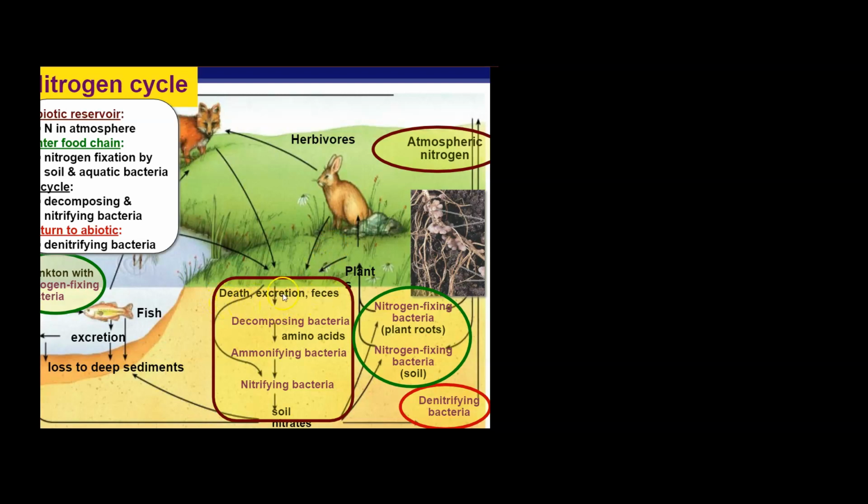So when we have excretion, feces, or a decaying organism, we have a return of nitrogen into an abiotic reservoir. And then biotic bacteria are going to play a role in making that nitrogen more available to be passed on to the next portion of the cycle.